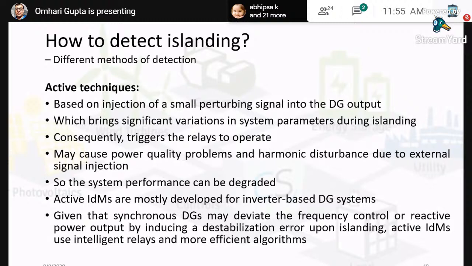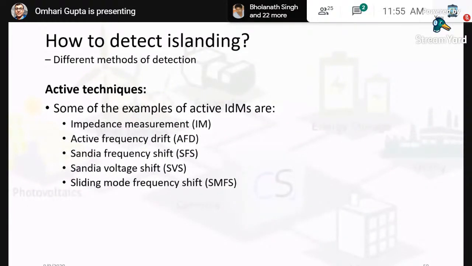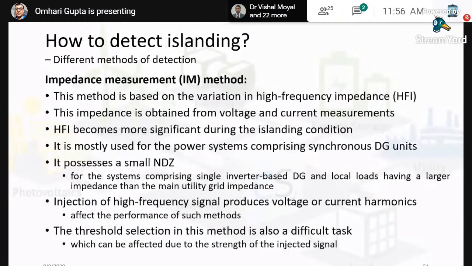Given that synchronous DGs may deviate the frequency or reactive power output by inducing a destabilization error upon islanding, active islanding detection methods use intelligent relays and more efficient algorithms. That is for synchronous based DGs. Some of the examples are impedance measurement, active frequency drift, Sandia frequency shift, Sandia voltage shift, sliding mode frequency shift. We will see a bit of each.